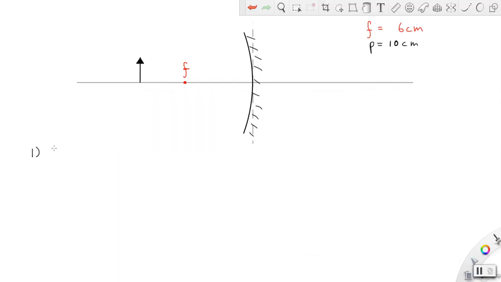Let's start our three principal rays. Again, parallel to focal, center, and focal to parallel. So for parallel to focal, let's go ahead and use our same three colors.